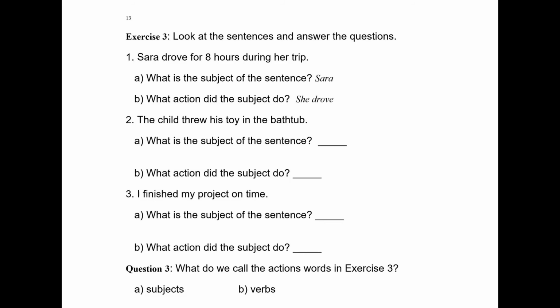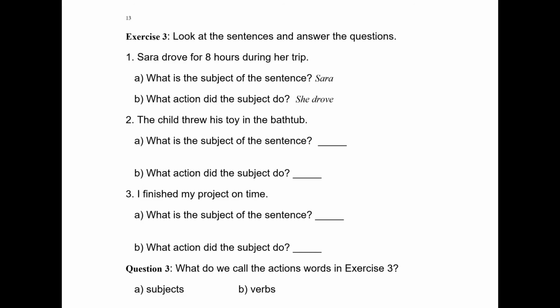In exercise 3, we have the directions, look at the sentences and answer the questions. And we start with item number 1, which is an example for them. So Sarah drove for 8 hours during her trip. And then there are 2 questions. A, what is the subject of the sentence? And of course it's Sarah. And B, what action did the subject do?